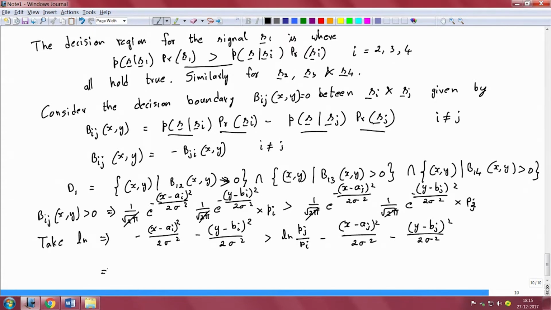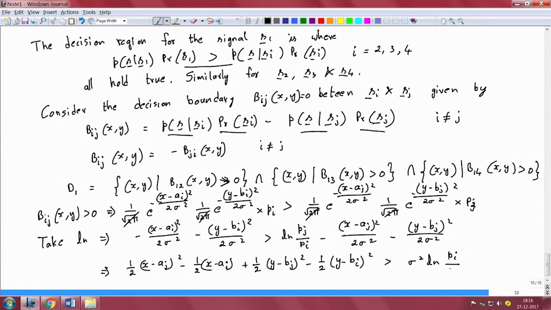So, this further can be written as half of (x minus a_j) whole square minus half of (x minus a_i) whole square, plus half of (y minus b_j) whole square minus half of (y minus b_i) whole square is greater than sigma square log p_i by p_j. I am just rearranging these terms and multiplying both the sides by 2 sigma square.